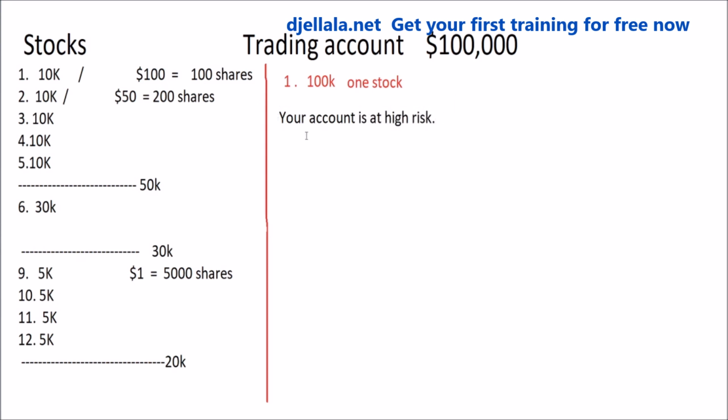How? Because your stock, let's say if it goes down, as an example, let's say 10%, because when you are doing high risk stocks, you should leave room for this stock to move.